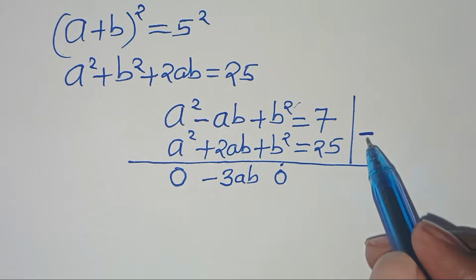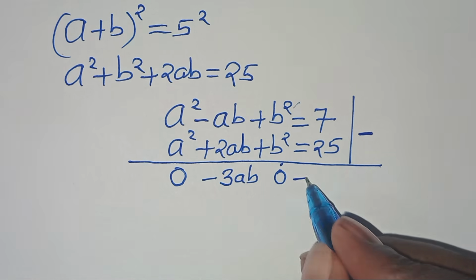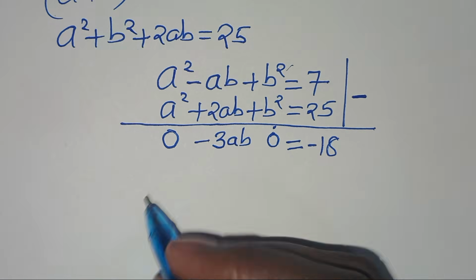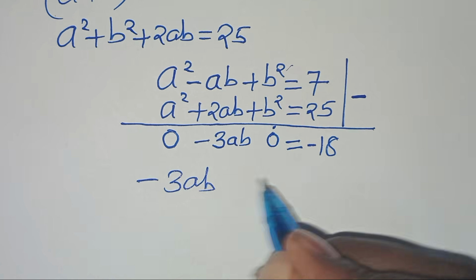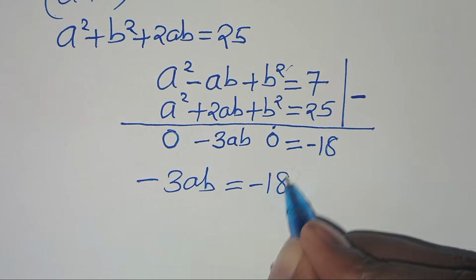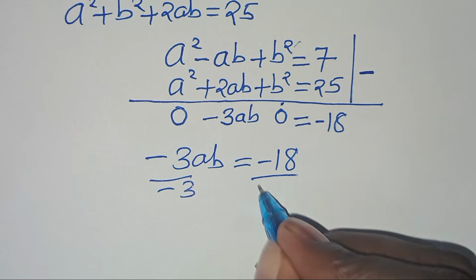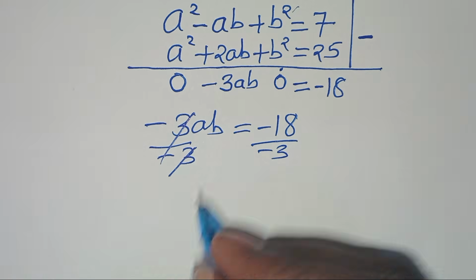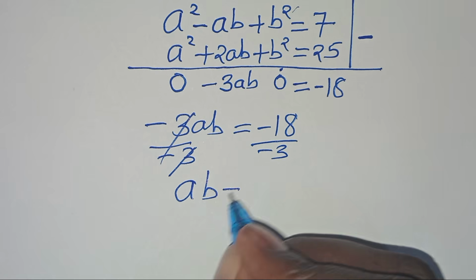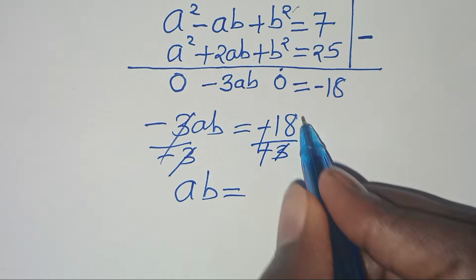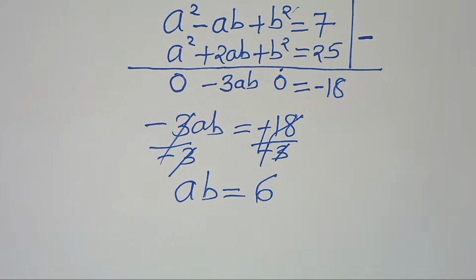Then 7 − 25, this is equal to −18. So we have −3ab equal to −18. Let's divide both sides by −3, so that a multiplied by b is equal to −18 divided by −3, and this is the same thing as 6.